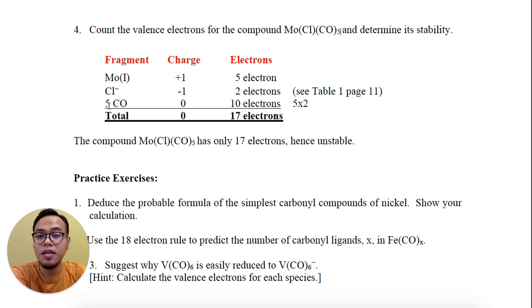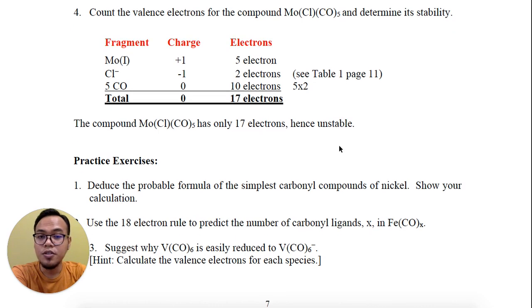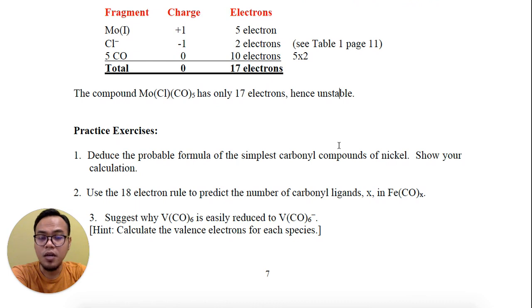So 5 carbonyl times 2 is going to be 10 electrons. When you total up, it's going to give you 17 electrons. So this does not obey the 18 electrons rule. So this particular complex is considered unstable.